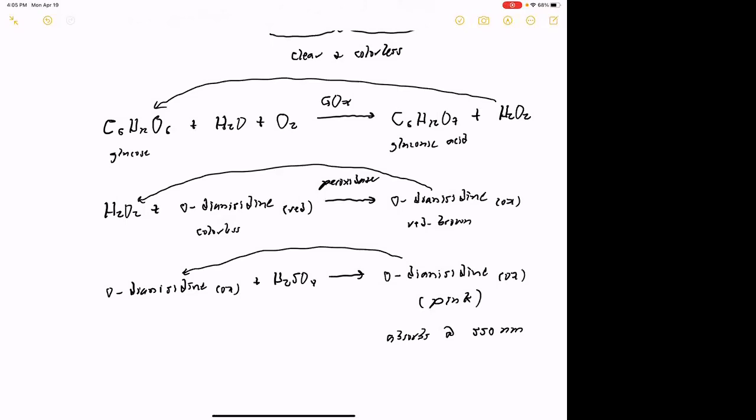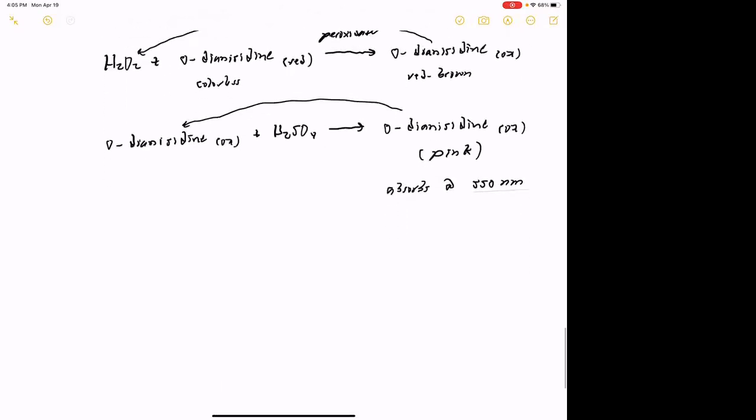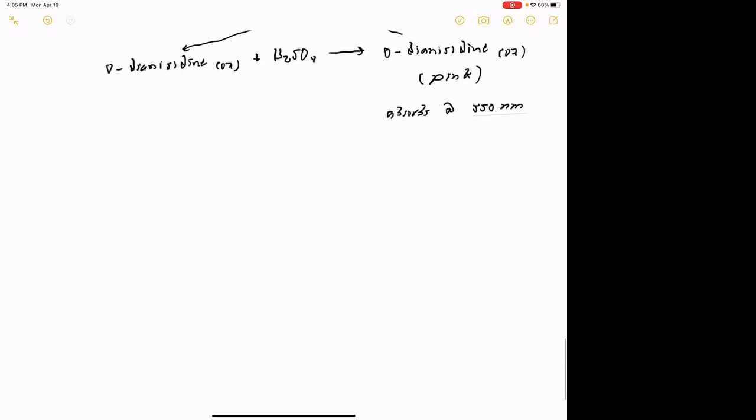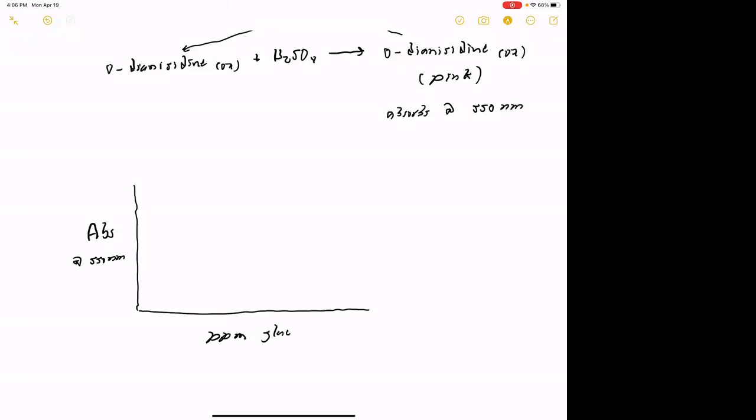So now, since I have that relationship, I can make a standard curve, can't I? I'm going to look at the absorbance of the pink O-dianisidine, measured at 550 nanometers, which is really due to the O-dianisidine pink, but we know that's 1-to-1 to 1-to-1 mole related to the glucose. And I'm going to plot that as a function of the concentration of the glucose in parts per million.